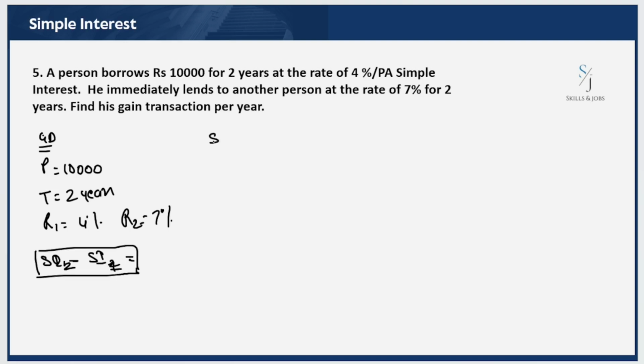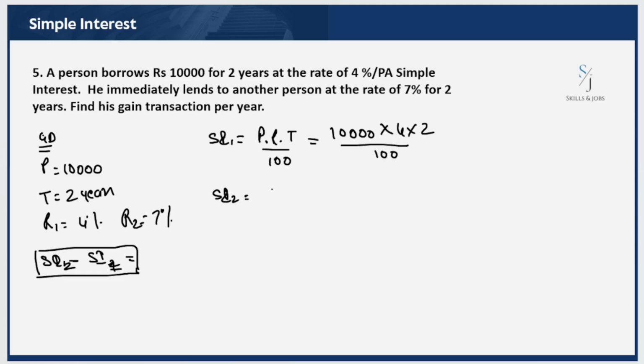So let us calculate. Simple interest 1 is equal to P into R into T by 100. That will be 10,000 into 4 into 2 divided by 100.